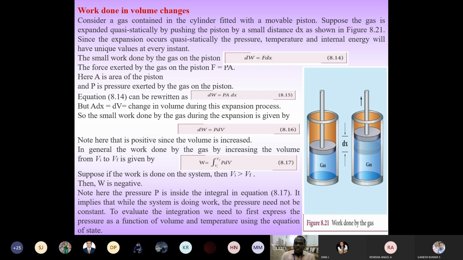If work is done on the system, we have the W value as negative. Note here the pressure inside the integral in the equation implies that while the system is doing work, the pressure need not be constant.